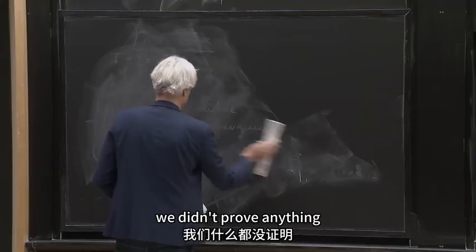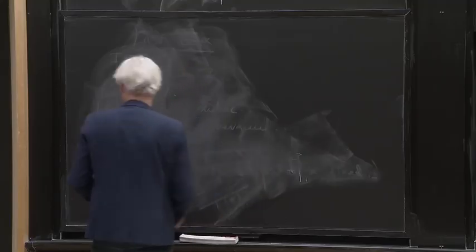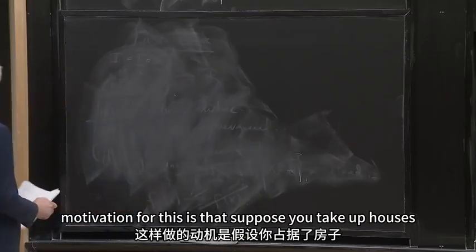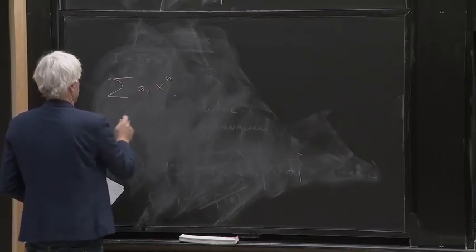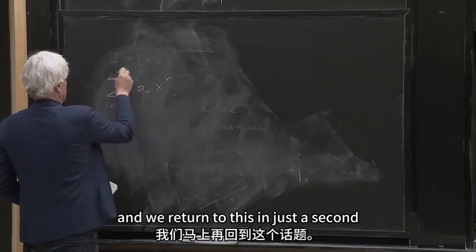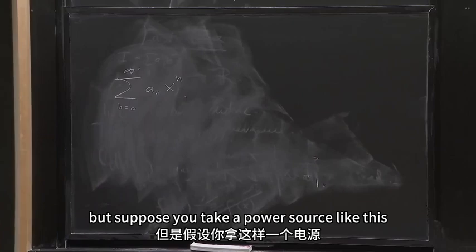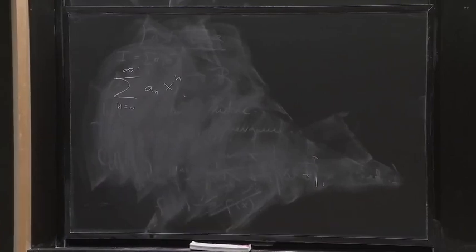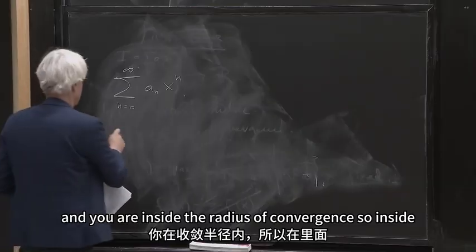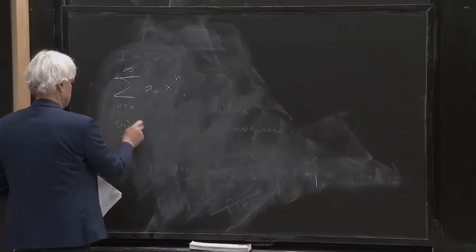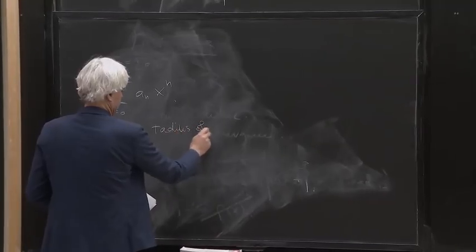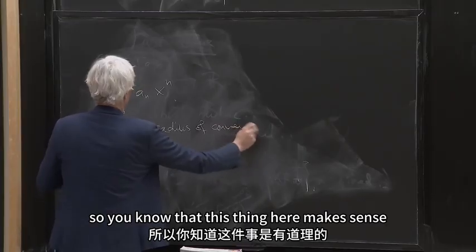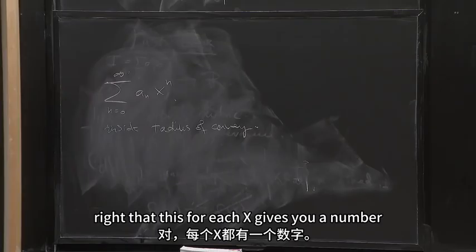We didn't prove anything, but one of the motivations is that suppose you take a power series like this, and we'll return to this in just a second, and you are inside the radius of convergence. So you know that this makes sense, that for each x it gives you a number.